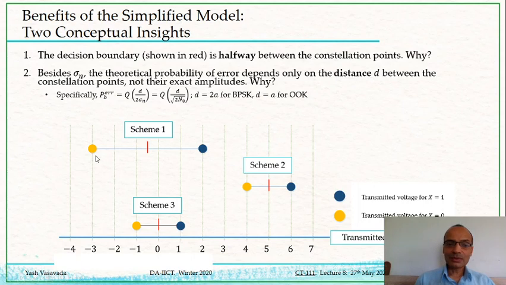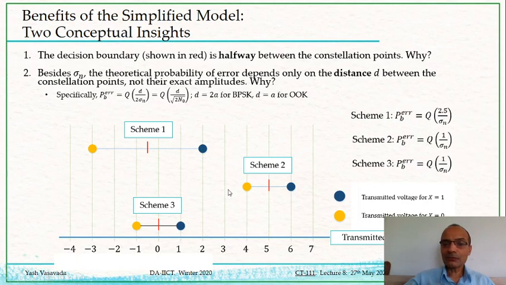So the separation is 5 volt for scheme 1, it is 1 for scheme 2, and it is 2 for scheme 3. Those are the values of D. And therefore, the probability of error expression for scheme 1 is Q of 2.5 divided by sigma n, because D is 5. The probability of error expression for scheme 2 and scheme 3 is Q function of 1 over sigma n, because D is 2.